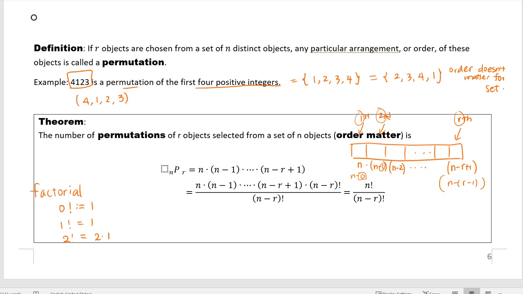In general, n factorial is n times n minus 1, and so on: multiply all the positive integers that are smaller than or equal to n. After we multiply n minus r factorial in the numerator and denominator, the numerator is actually n factorial. So we get a nice formula, n factorial over n minus r factorial. This is the number of permutations. So far so good, everyone?